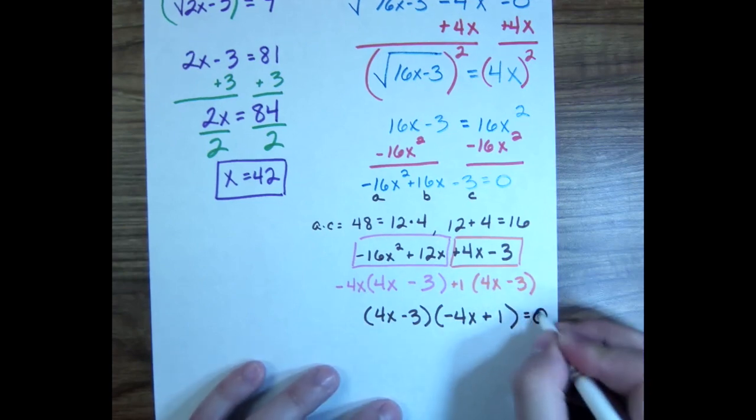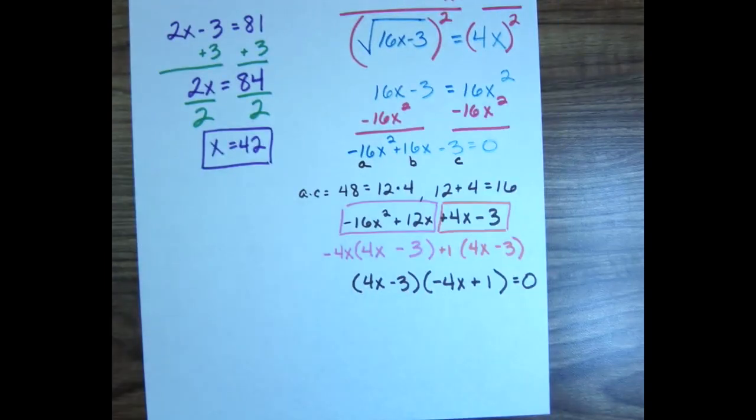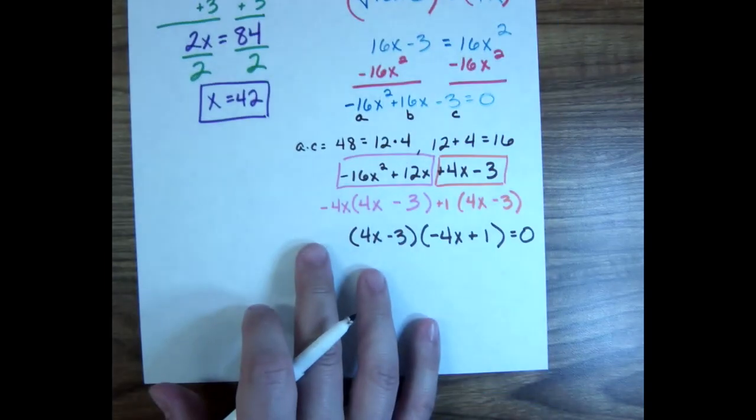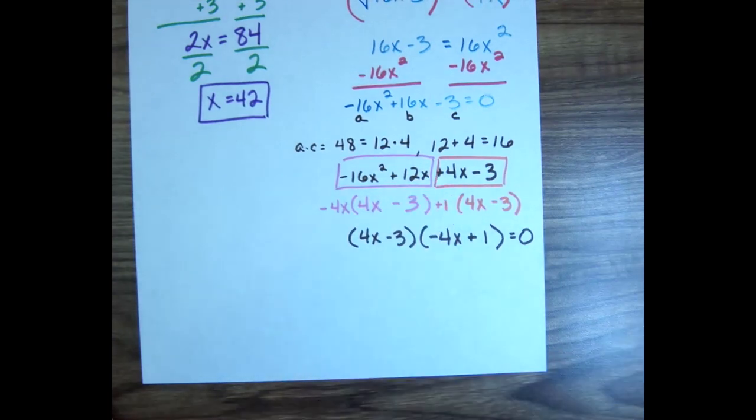And the whole thing equals 0. How do we solve it? Well, if I combine like terms, that's going to involve me multiplying these two things back together, and I'm going to get this again, which does not fill my heart with joy. I'm going to discard that idea because it does not spark joy.